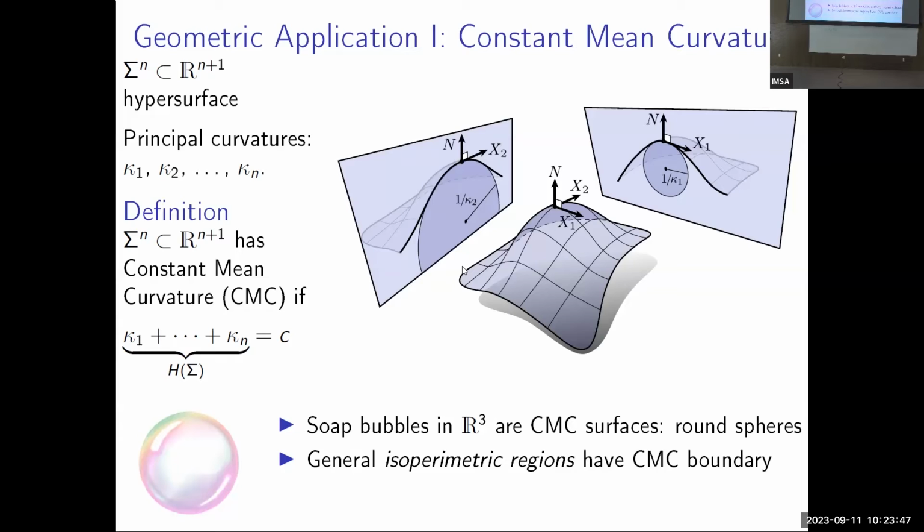But in other ambient spaces, you have a richer variety of these surfaces. Also, in general relativity, constant mean curvature surfaces are important objects. For instance, the event horizon around a black hole is typically either minimal or a constant mean curvature surface.